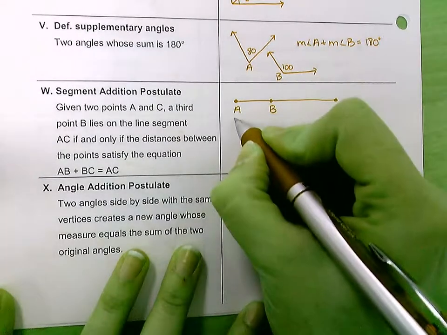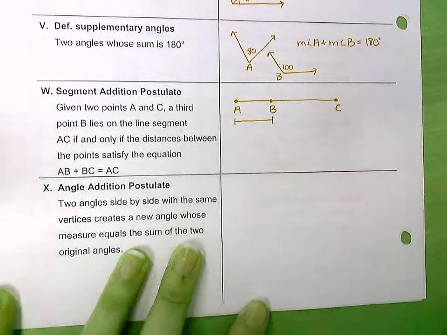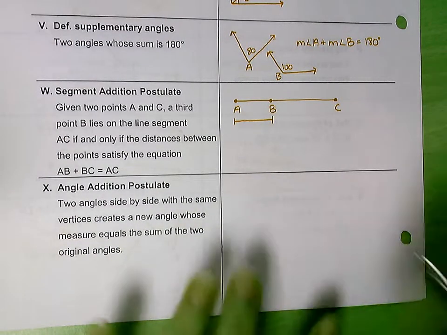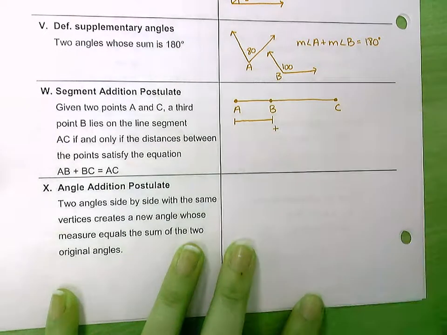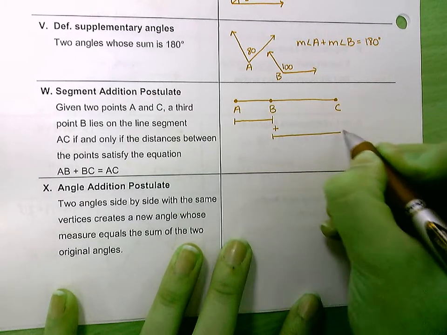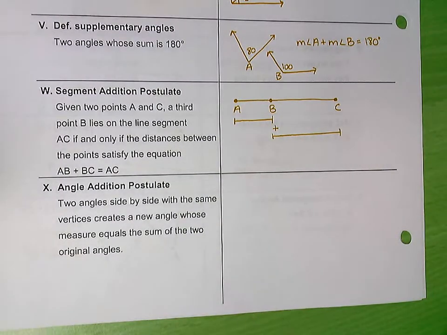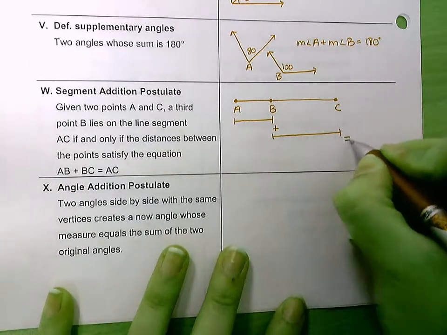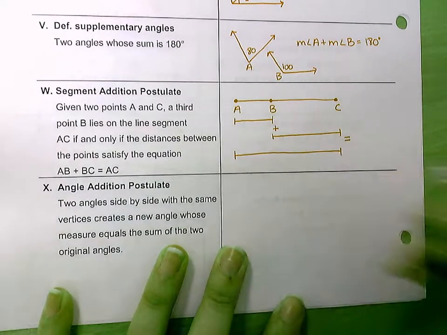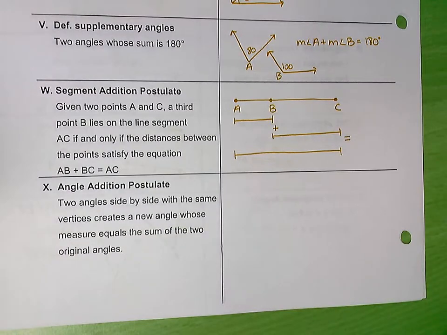You can take this segment, the small one, AB, and add on this segment, BC, the other smaller one there. Those two added together is AC, the entire segment.